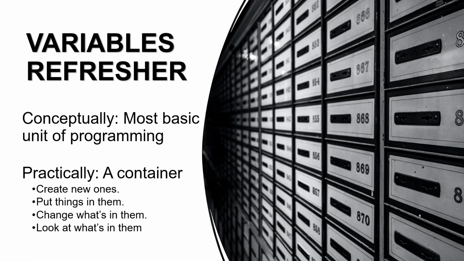As a little bit of a refresher, we talked about in the last video what variables are, conceptually. These are the most basic units of programming. We can't get any simpler in programming than a variable. Practically speaking, though, you can think of them as a container, or the example in the last video was to think of them like a mailbox.